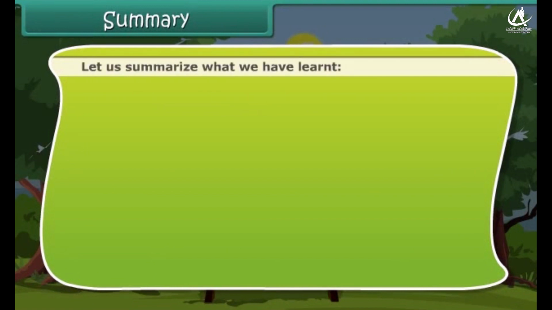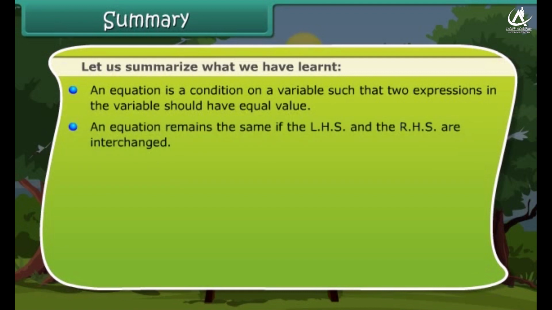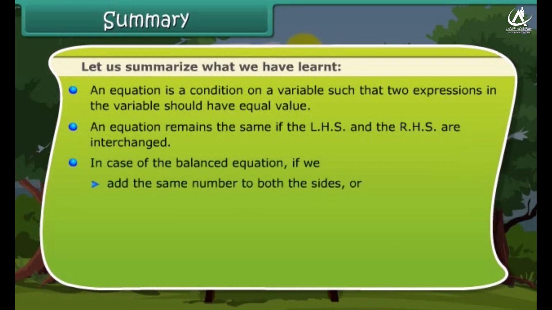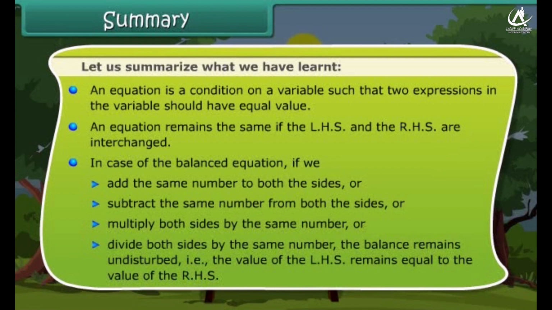Let us summarize what we have learnt. An equation is a condition on a variable such that two expressions in the variable should have equal value. An equation remains the same if the LHS and the RHS are interchanged. In case of the balanced equation, if we add the same number to both the sides, or subtract the same number from both the sides, or multiply both sides by the same number, or divide both sides by the same number, the balance remains undisturbed.